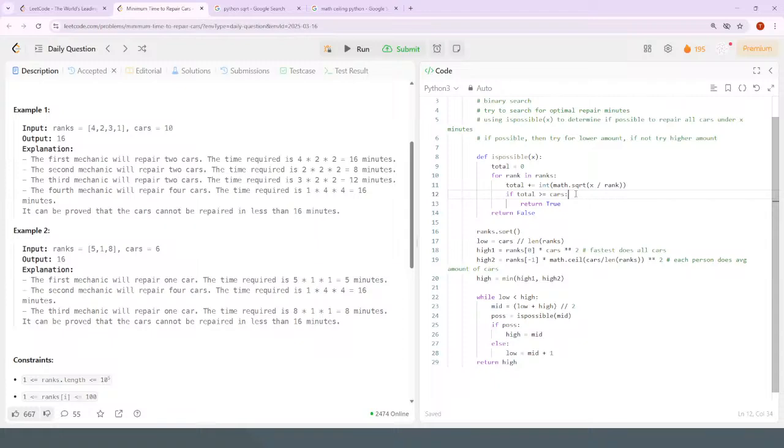I wonder. What if, is there a way for you to tell that if your total is not increasing at all... your total should be increasing, right? There's no way that you're not increasing your total each time you do this calculation.